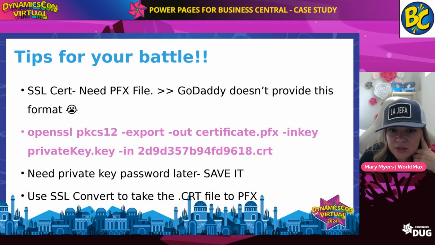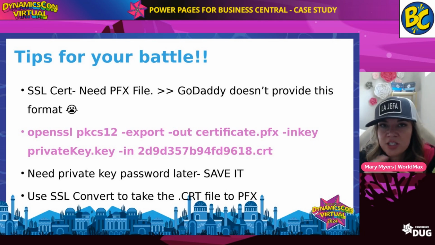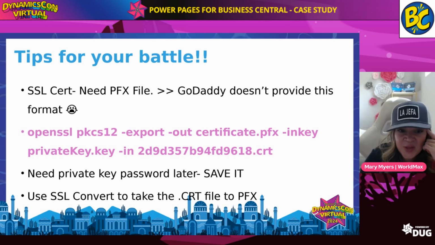This is the one that you want to use, because there are a couple of different commands that you can use for that translation. Some of them work and some of them don't. This has been trial and error, so I really want to call this out for you. If anyone's doing this and needs to translate, this is the code that you want.